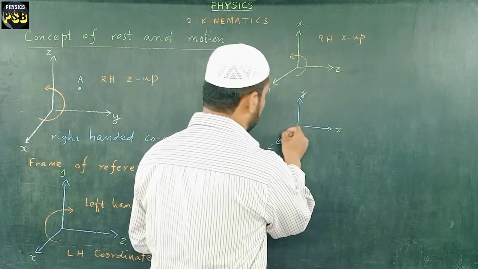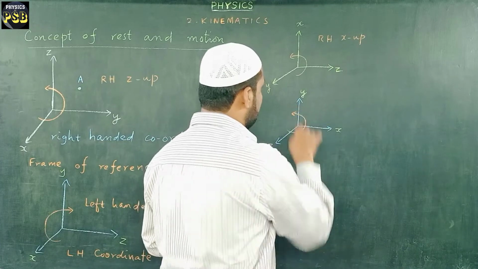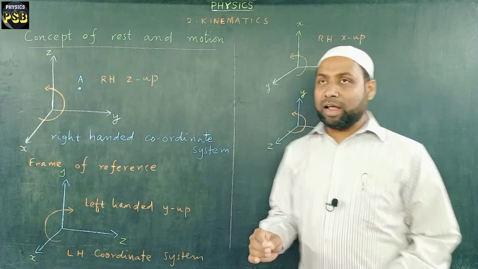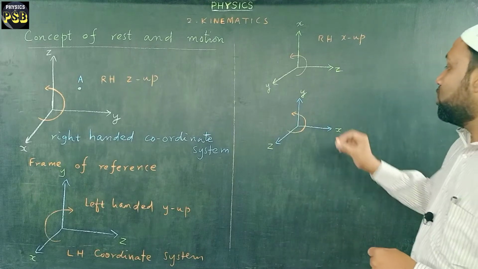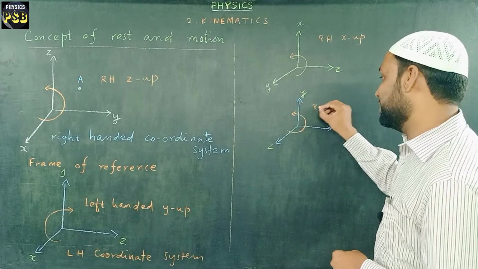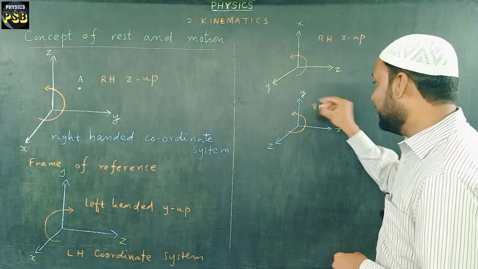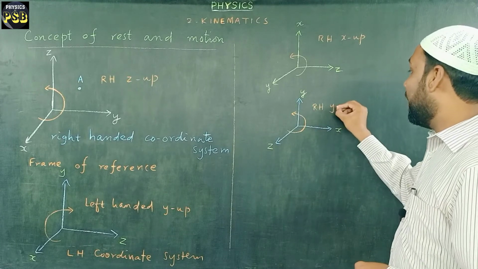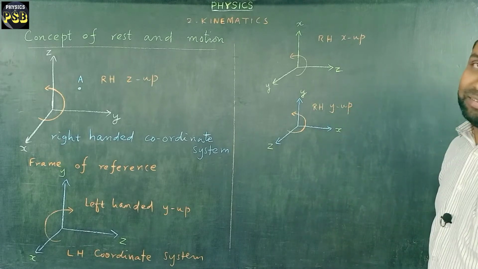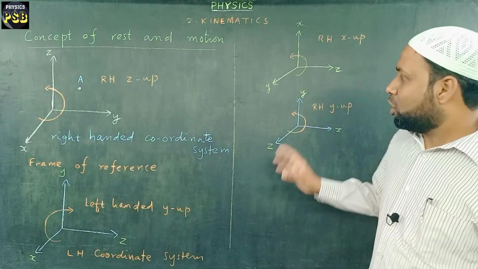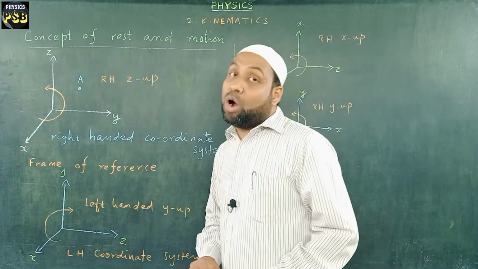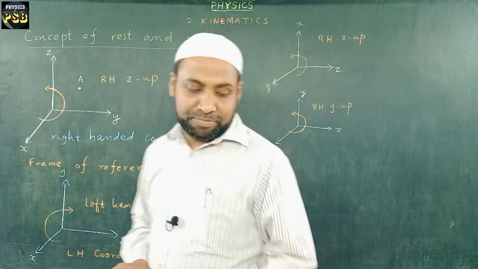Now this one is rotating in anti-clockwise direction. Whenever a coordinate system rotates in anti-clockwise direction, we call it a right-handed coordinate system. So this is a right-handed y-up coordinate system. So these are different types of coordinate systems. They are also referred to as Cartesian coordinate systems.